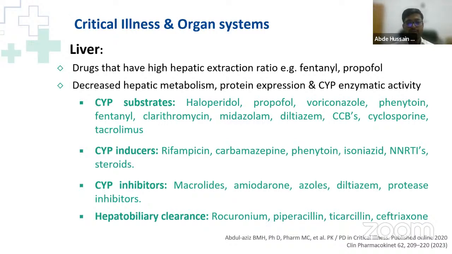Decreased hepatic metabolism, protein expression, and CYP enzymatic alterations. A lot of CYP substrates that we use in ICUs, like haloperidol, propofol, voriconazole, fentanyl, clarithromycin, are commonly used in ICU and are at risk when used with CYP inducers or CYP inhibitors. There might be changes in hepatobiliary clearance as well that need to be taken into account.